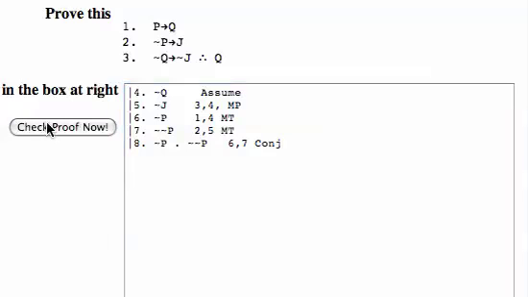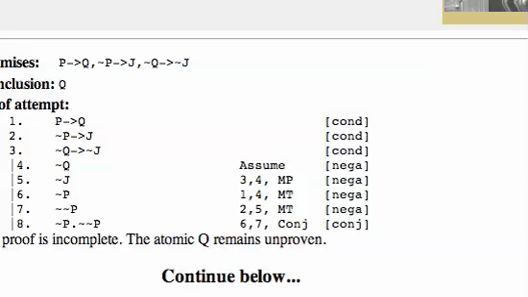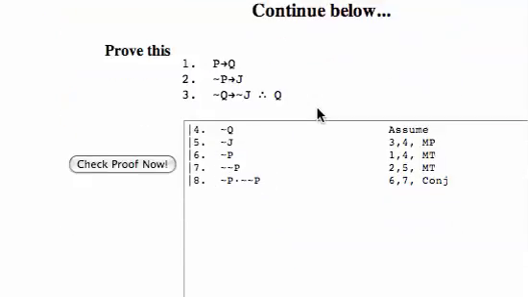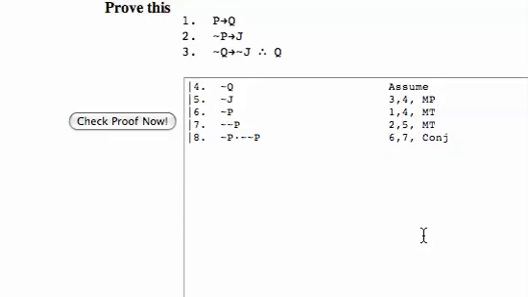Let's see how we're doing so far. Very good, but the proof is incomplete because we just need the last step. When you're doing a reductio, if you can make an assumption and produce a contradiction, then on the very next line you can just plainly state the opposite of what you initially assumed.